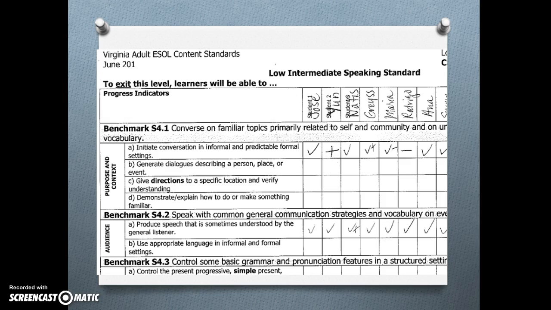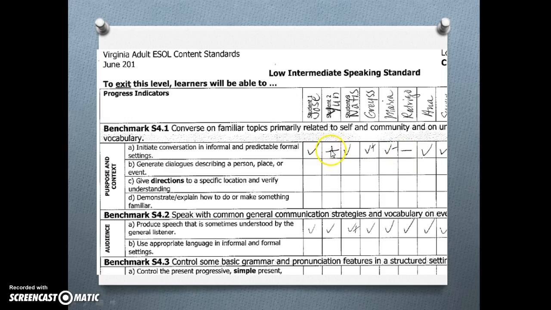Now, this may not be the only activity that I will do in the class that speaks to benchmark 4.1a. So if I have a student, like here I have Rodrigo, who didn't do so well initiating the conversation, the next time that I do an activity that might speak to this indicator, I can go back and evaluate him again.